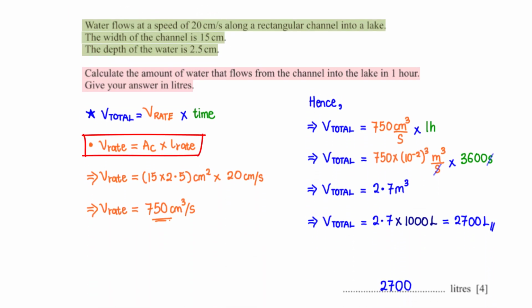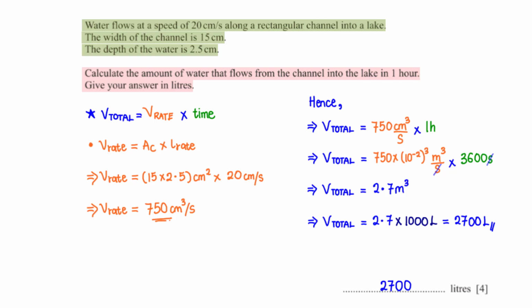The volume rate of the water is equal to the cross-sectional area of the water, which is fixed and is in the shape of a rectangle, times the linear rate, which has been given as 20 centimeters per second. The cross-sectional area is 15 times 2.5 centimeters squared. When we type this into the calculator, we get 750 centimeters cubed per second.